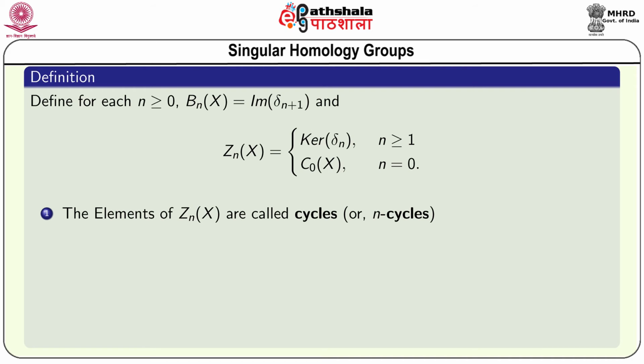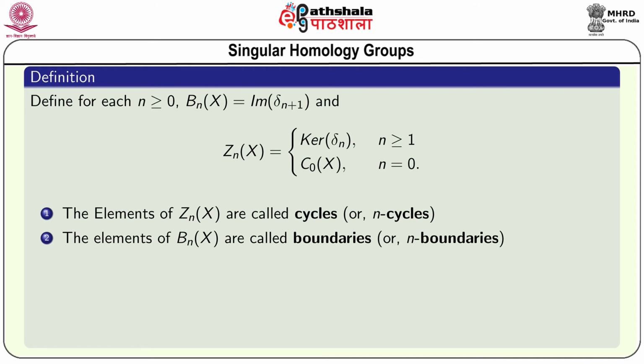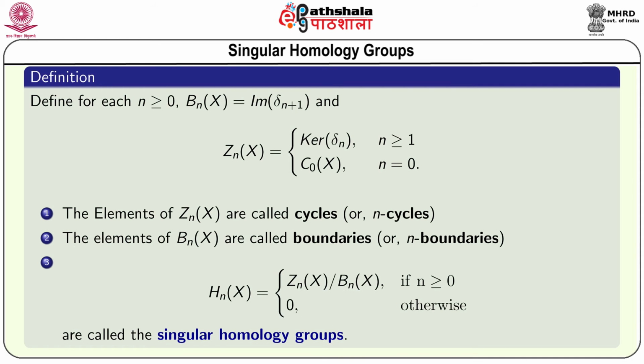For n equal to 0, we define Z_0(X) as C_0(X). Now, the elements of Z_n(X) are called cycles or n-cycles. The elements of B_n(X) are called boundaries or n-boundaries, and we define H_n(X) as the quotient group Z_n(X) by B_n(X).